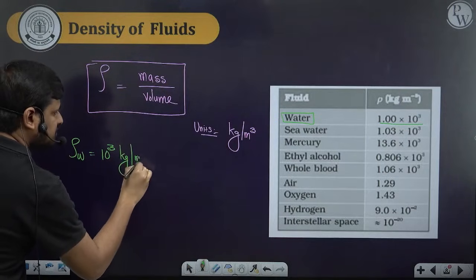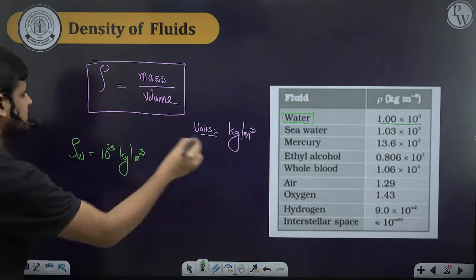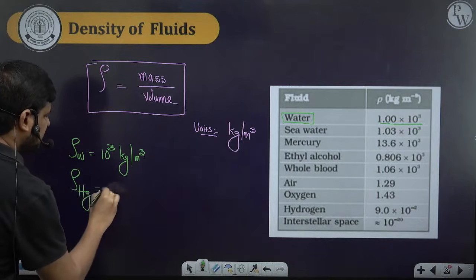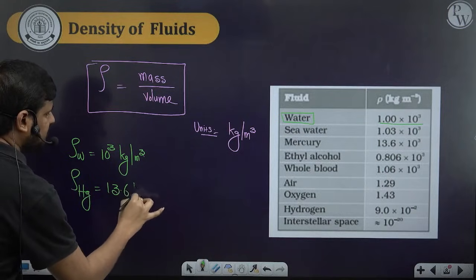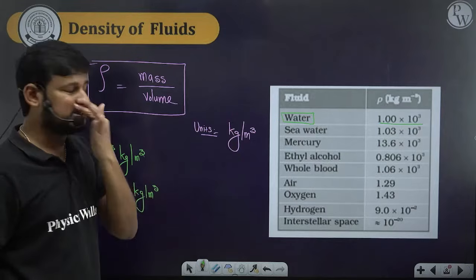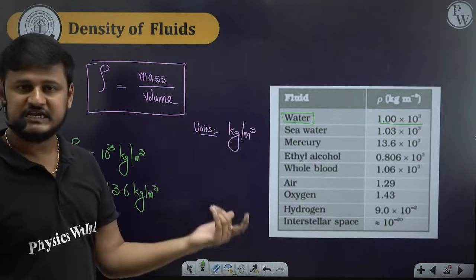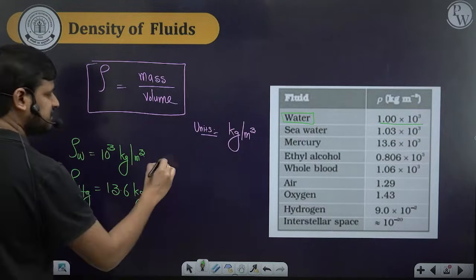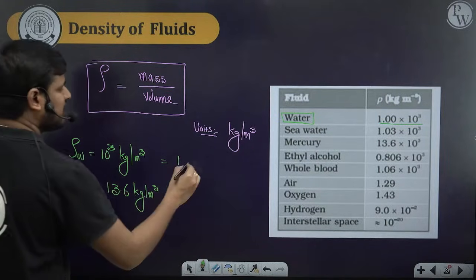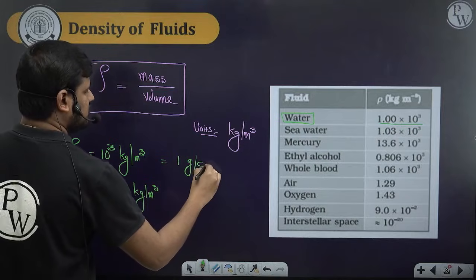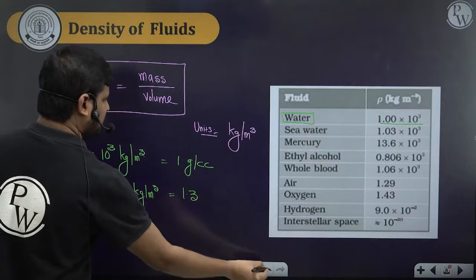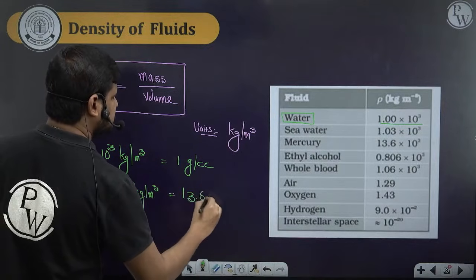If you need it in gram per centimeter cube, just divide it by 1000. So water is 1 gram per cc, and for mercury it is 13.6 gram per cc.